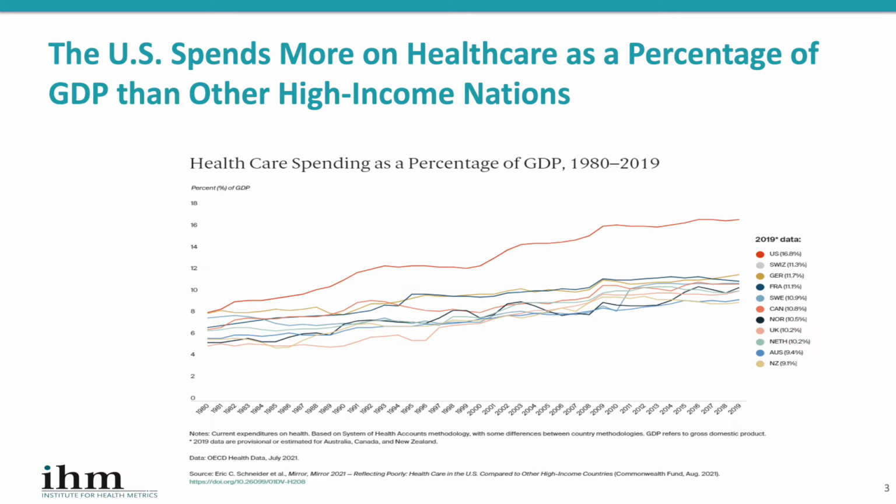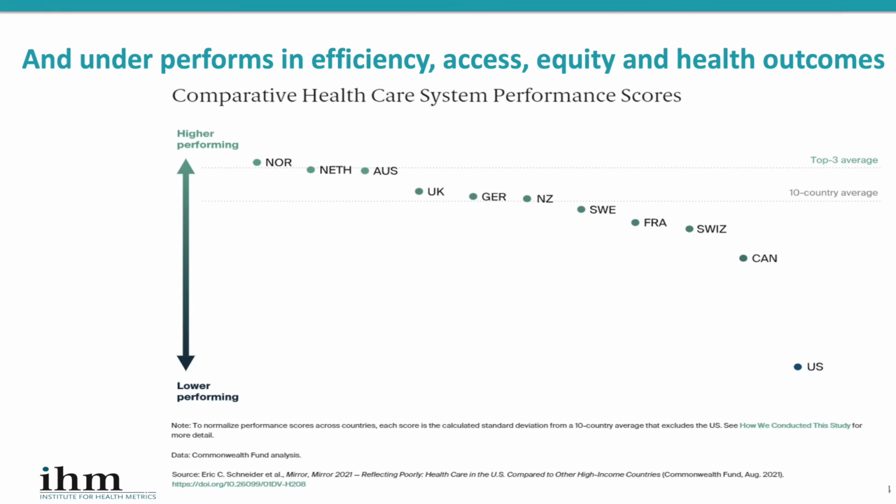And that gap has been widening over time. And what do we get for this? Well, we underperform in efficiency, access, equity, and outcomes. Here we are on those measurements compared to the other countries that we're being compared to.